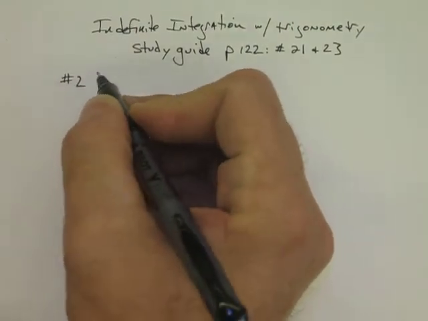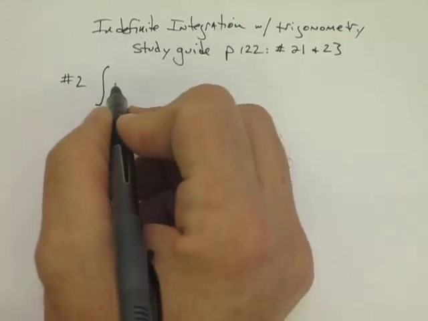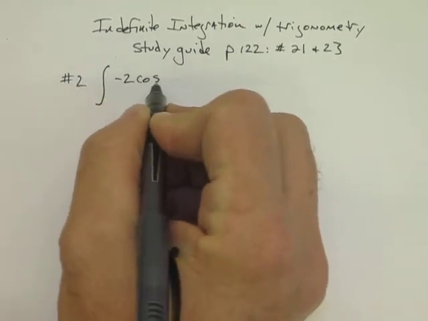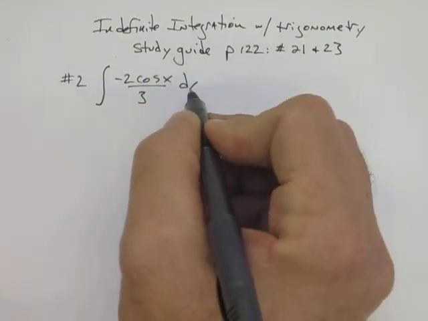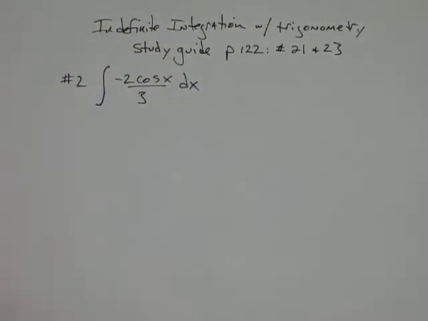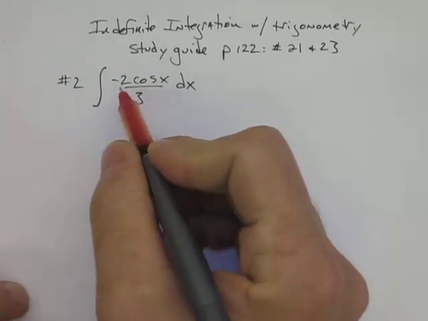In number 21, we are going to find the indefinite integral of -2 cosine x over 3 dx. Okay, so the first thing we want to do is start by pulling out the constant.